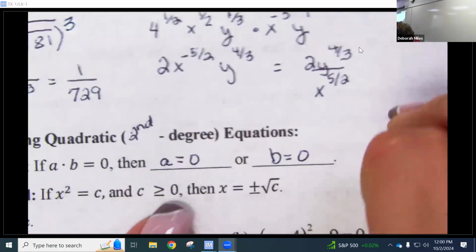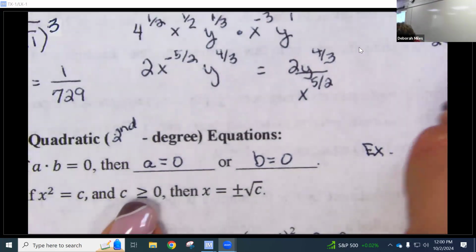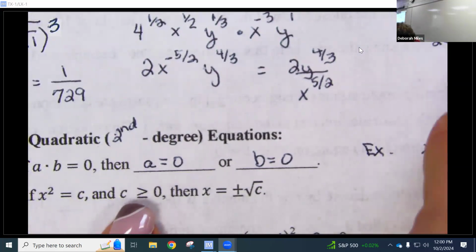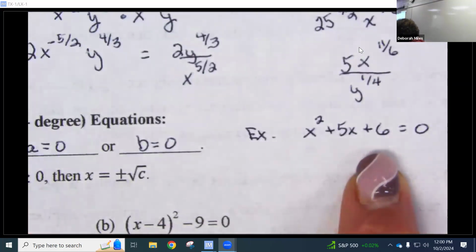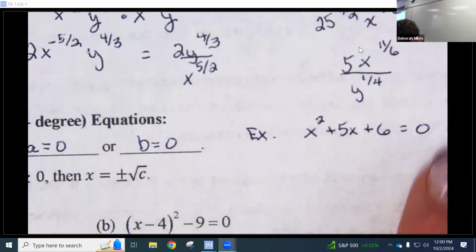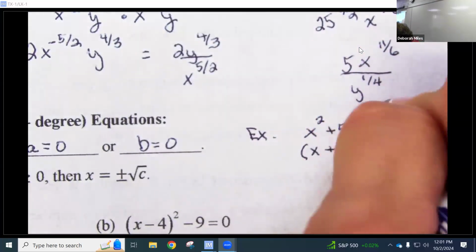So at the end of lesson 8, we took little baby equations like, I'm just going to make up one super fast, x squared plus 5x plus 6 equals 0. If that will factor, and it will, it factors into x plus 2 times x plus 3.